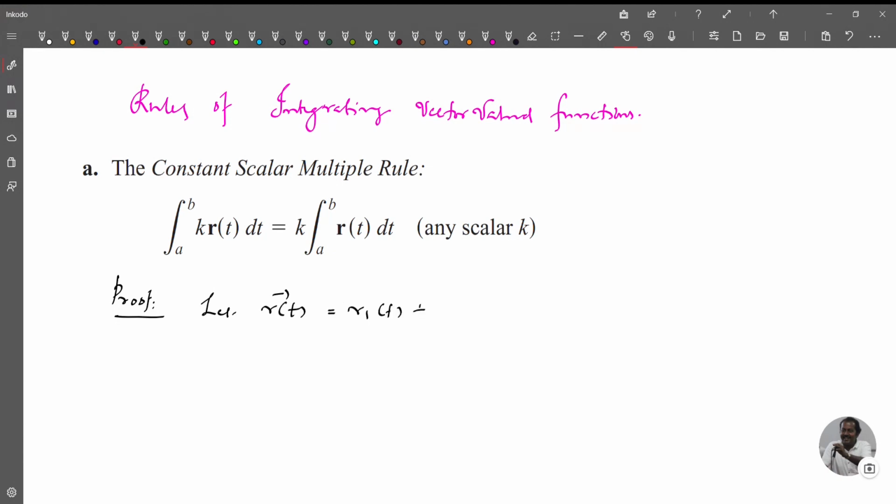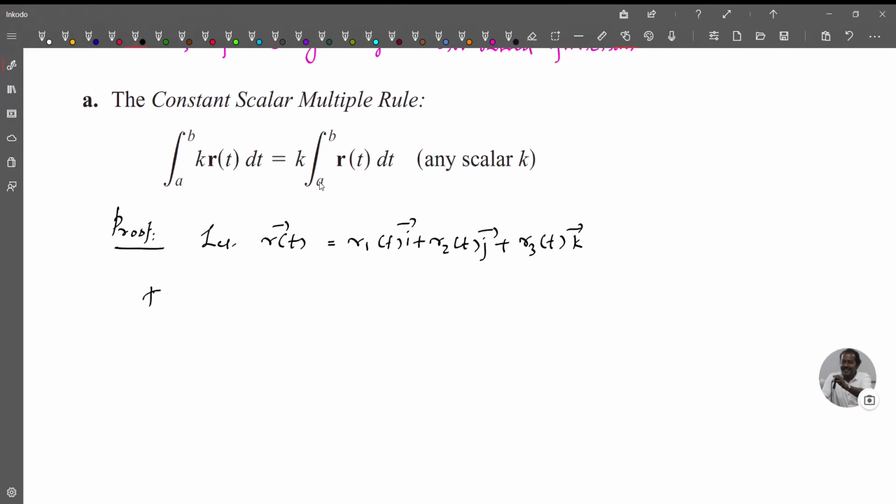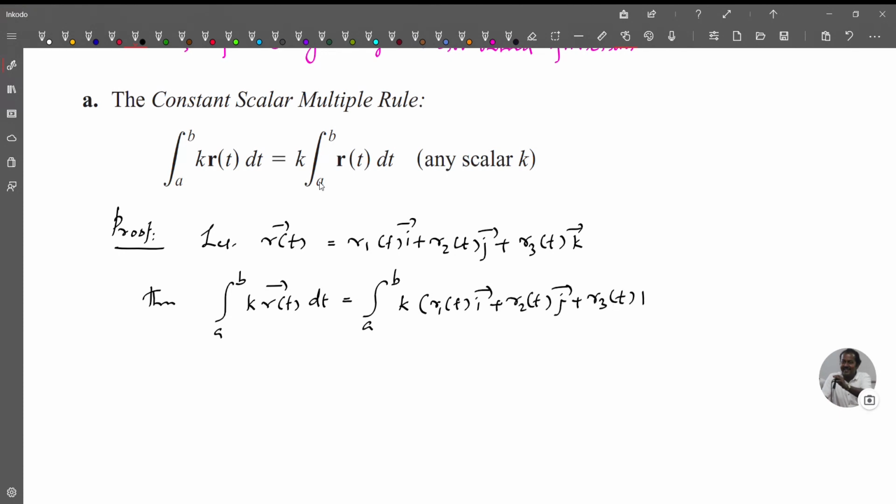equal to R1 of t i plus R2 of t j plus R3 of t k, where R1, R2, R3 are real functions. Then integral a to b k r of t dt, this is equal to integral a to b k times r1 of t i plus r2 of t j plus r3 of t k dt.